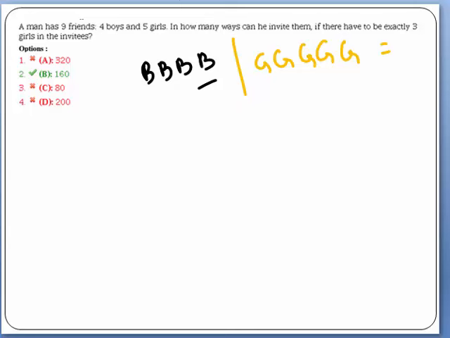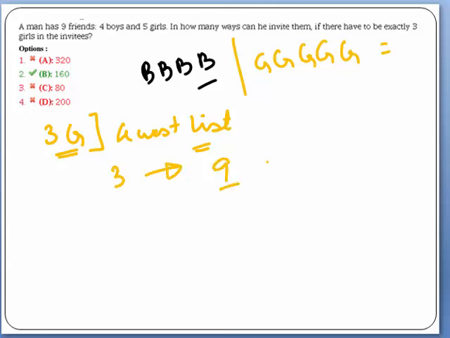So the first thing is that if there have to be 3 girls compulsorily on the guest list, that means the total number of guests will vary from 3 to 9. If we are ensuring this, then the number of girls has to be 3 or more.